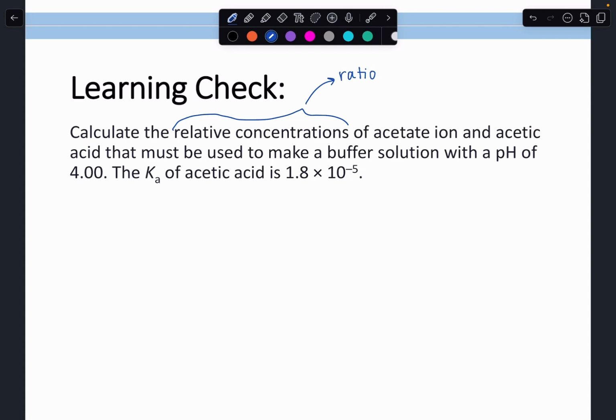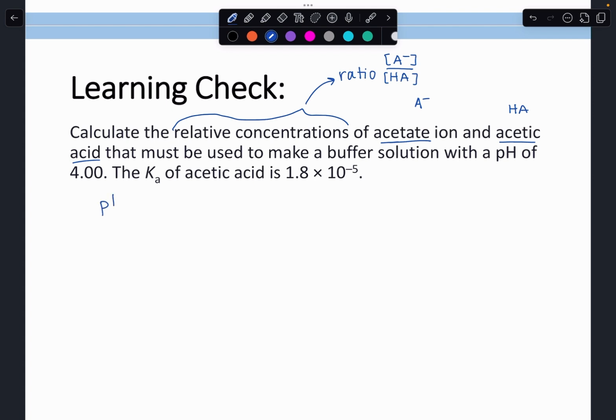It's the relative concentrations of acetate and acetic acid, so that would be the base to the acid. So the ratio of A minus to HA concentrations. Which is nice because in our Henderson-Hasselbalch equation, that's the fraction that's in the equation.